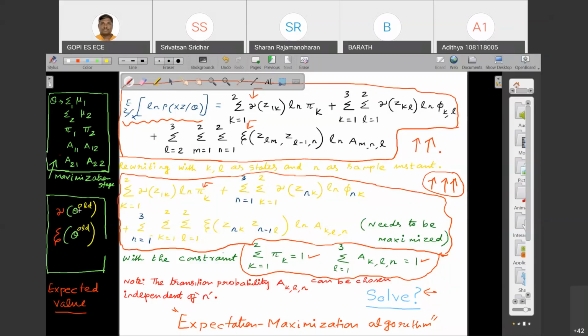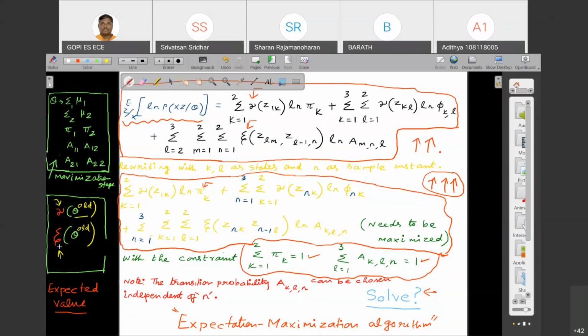Theta means sigma 1, mu 1, sigma 2, mu 2, pi 1, pi 2, a1,1, a1,2, a2,1, a2,2. Together I'm calling this theta, right? You have something called theta old, some arbitrary value you initialize for theta. Using this theta old, you get a guess of the expected value of gamma and zeta.